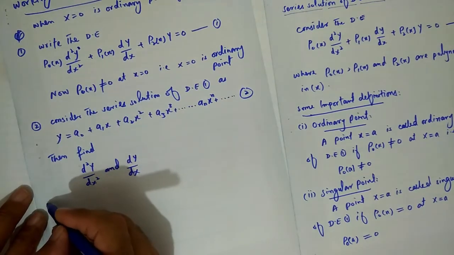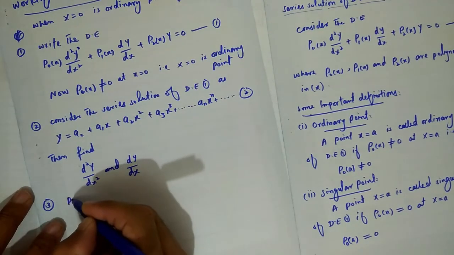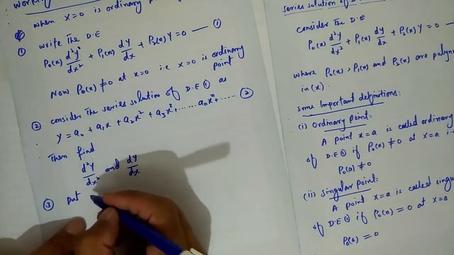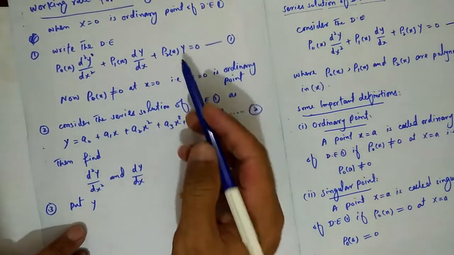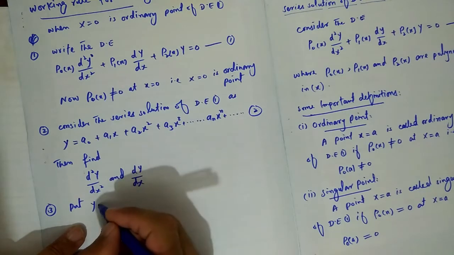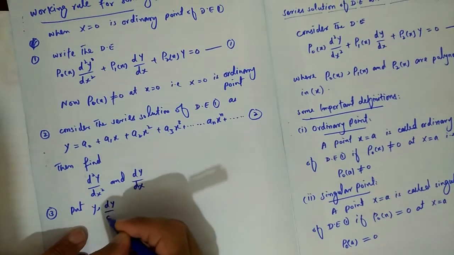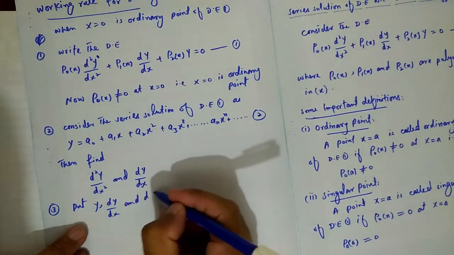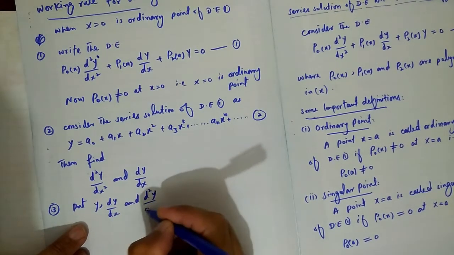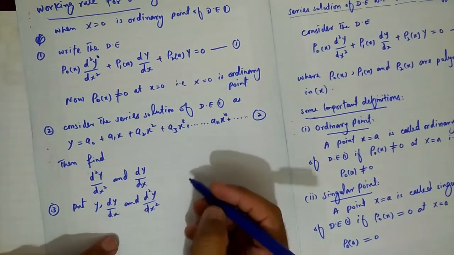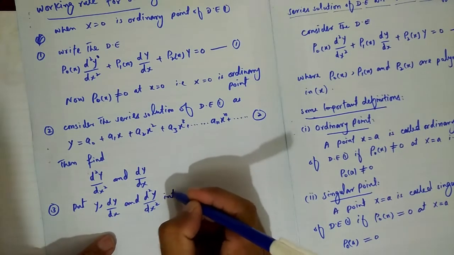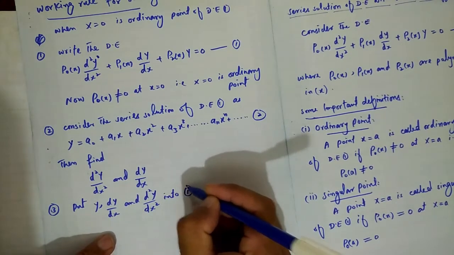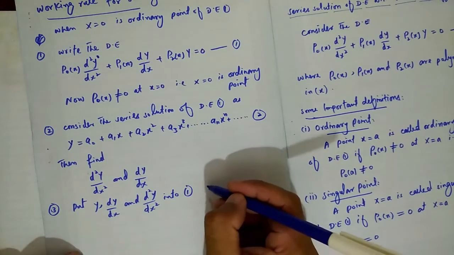In the third step, put the values of y, dy upon dx and d square y upon dx square into equation 1 and simplify it.